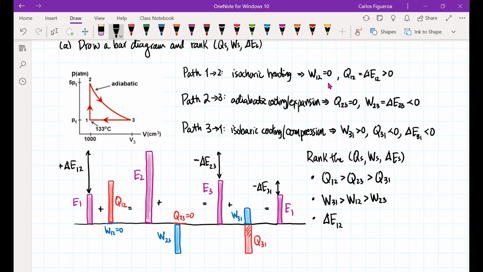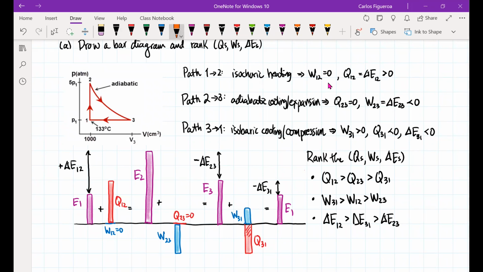Now look at the energy between 3, 1 versus 2, 3. 3, 1 has a less negative number, so that comes in as second. And the last, because it's a bigger negative number, comes in right here.